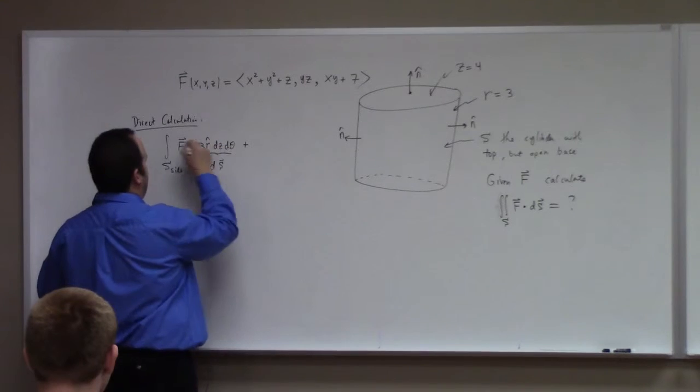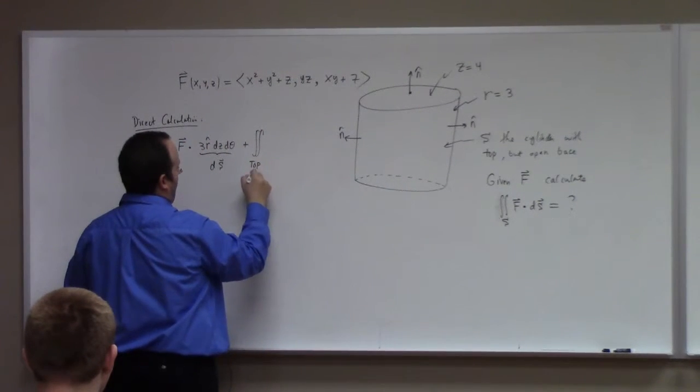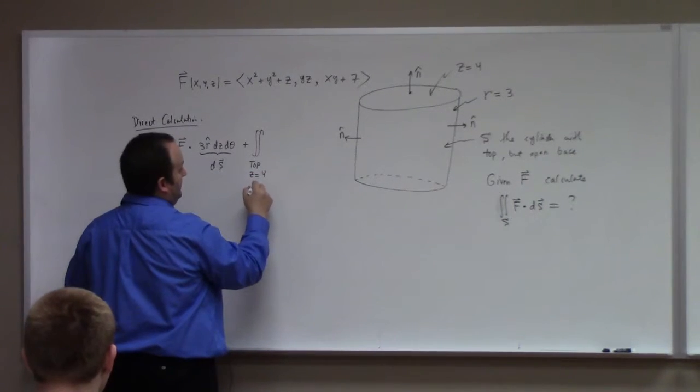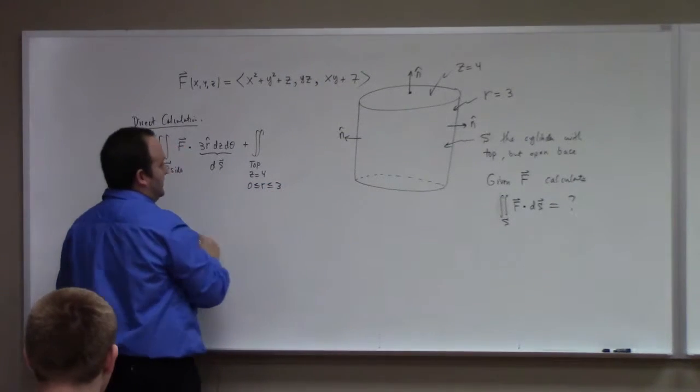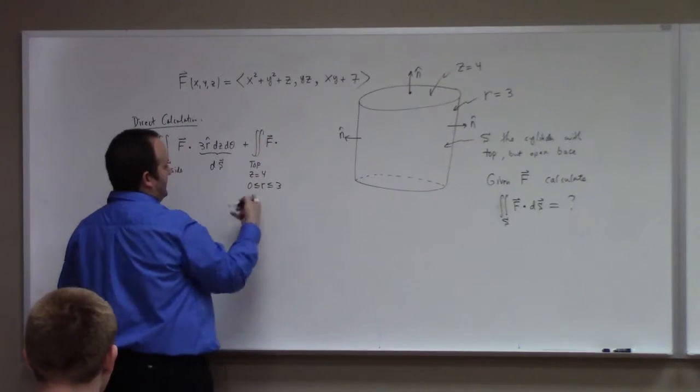And then plus the integral over the top, which would be z equals 4 and 0 less than or equal to r less than or equal to 3 in cylindrical coordinates. And then the top would be F dot, what's the dS for the top? Well, dS for the top is easy enough.